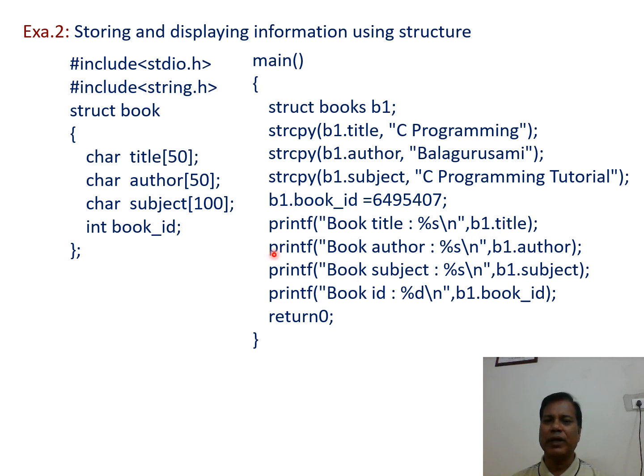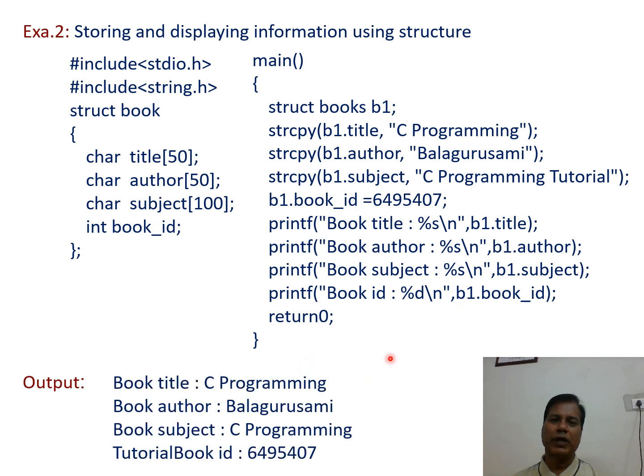In a similar way, we print the author name, subject name and book id. When this program is run, we get the output like this one: book title C Programming, book author Bala Gurusamy, book subject C Programming Tutorial, book id equal to this one.